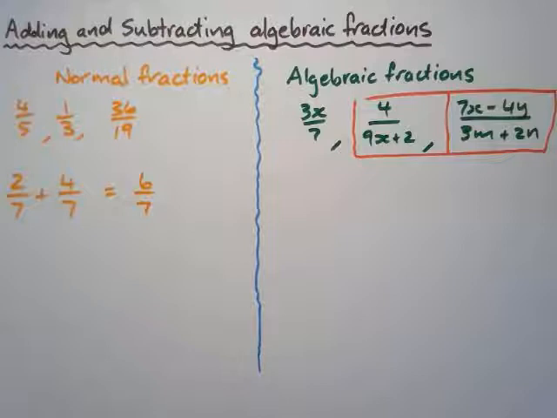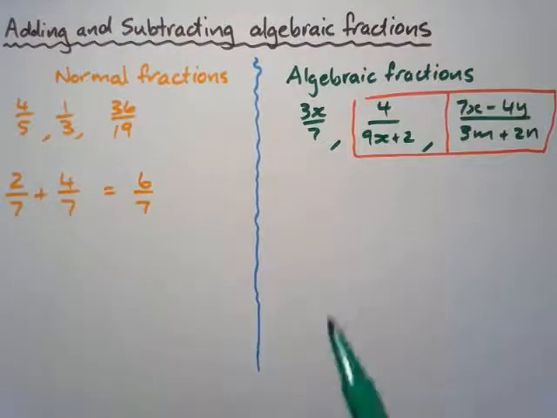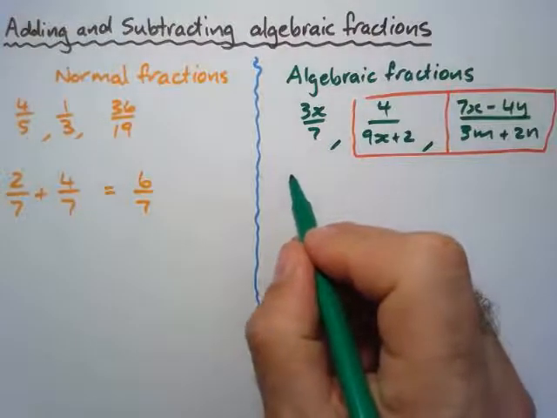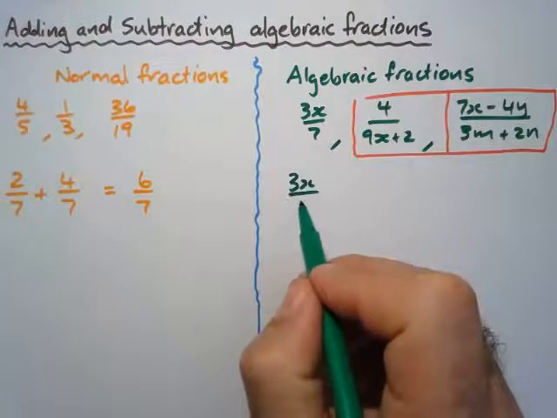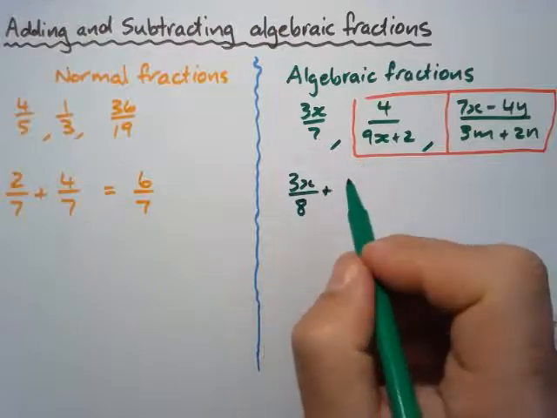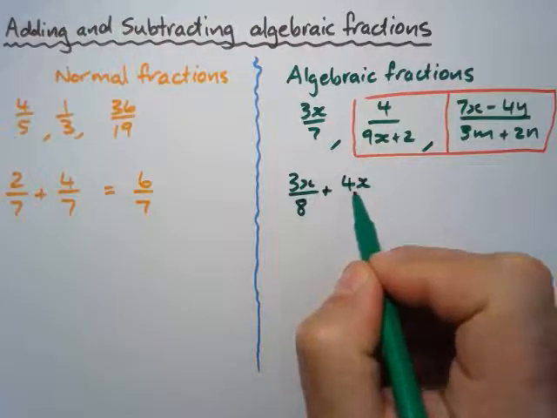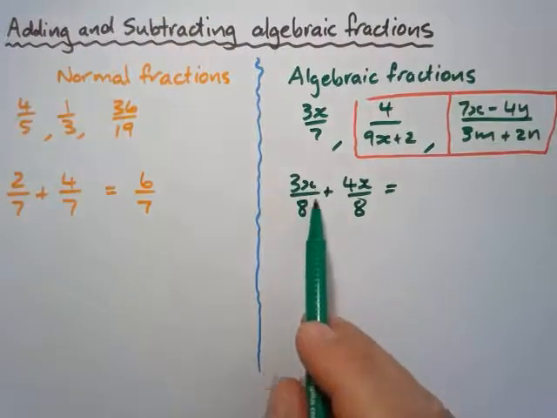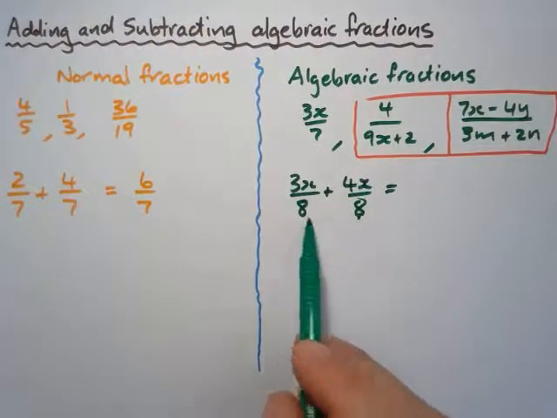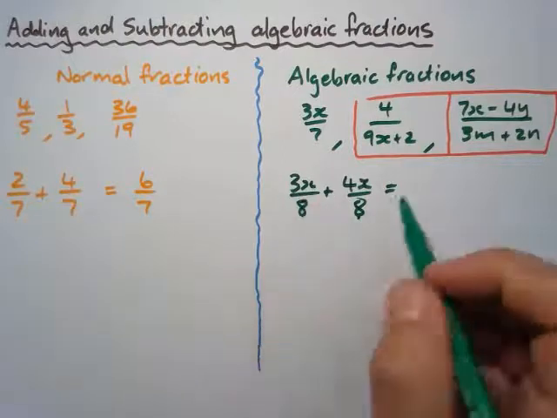Okay, how does that compare to algebraic fractions? If I say 3x over 8 plus 4x over 8 equals. These 8ths plus these 8ths, as long as the two denominators are the same, I just add my numerators.